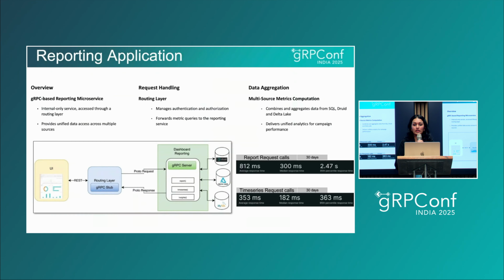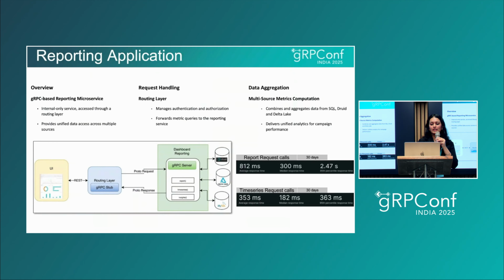Talking about the performance benchmarks, for the report request, the average response time is 812 milliseconds. This time is a bit high because this particular request supports a large number of metrics at the same time, and sometimes the data is so complex that fetching it from the data source itself consumes a large amount of time.